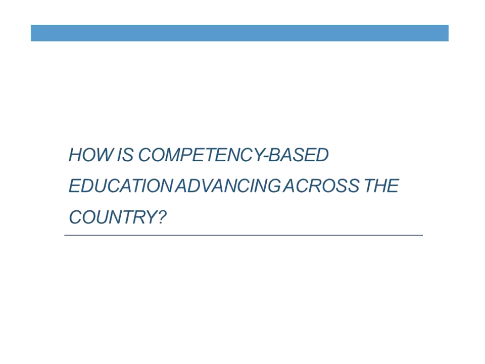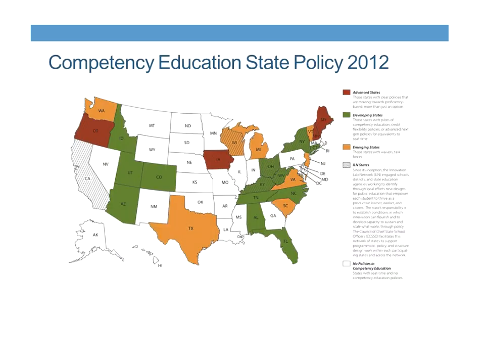I don't have any other questions right now, so let's move to the next subject, which is how competency-based education is advancing across the country. Let's take a look at state policy and how that's been advancing.